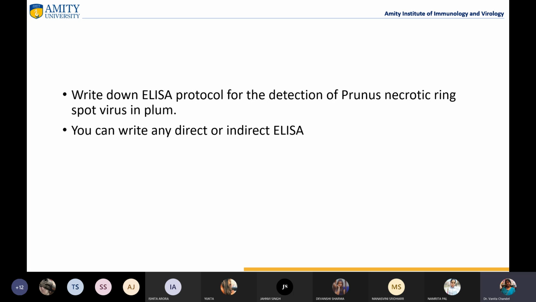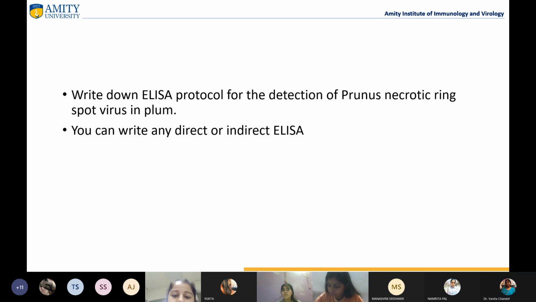Okay, for attendance, switch on your cameras. Adhish Mishra, Athoiba, Ayushi Jan, Sam, present, ma'am. Devanshi, present, ma'am. Ishita, present, ma'am. Manaswani, present, ma'am. Namrita, Nehal, Rupal, present, ma'am.